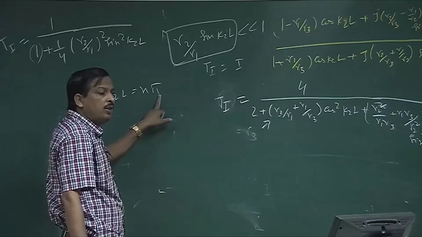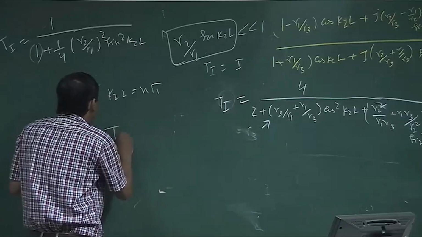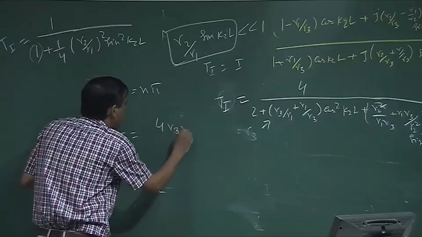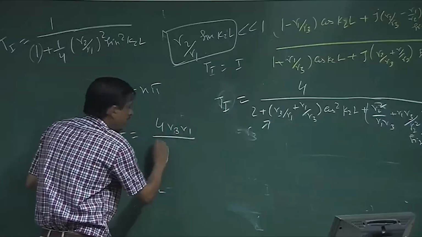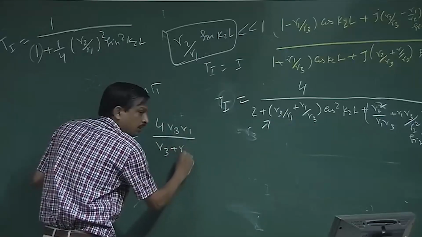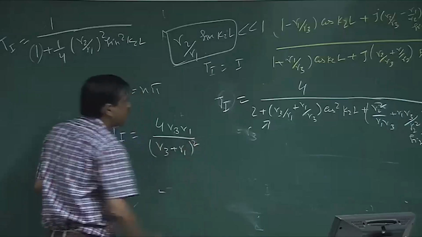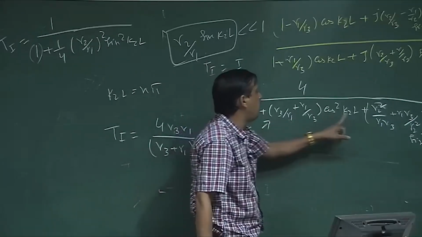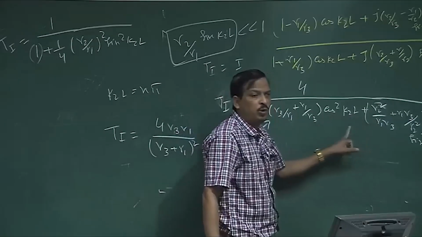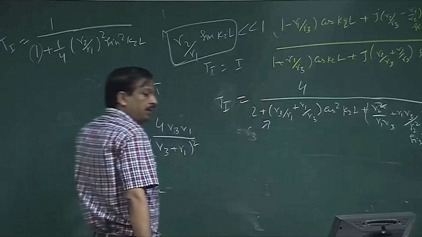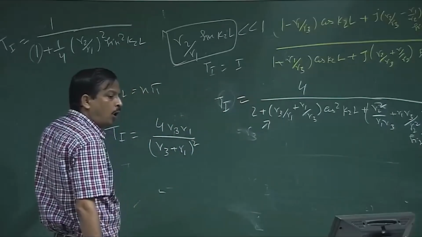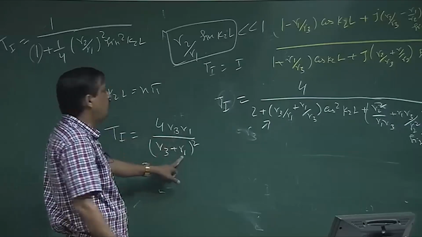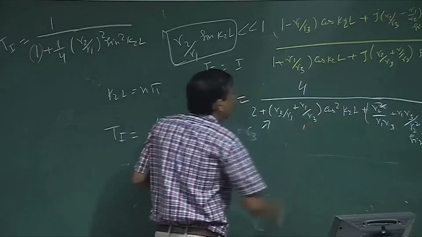Then Ti will be 4 R3 by R1 divided by R3 plus R1 whole square. I put K2L equal to n pi in this equation, and then I get Ti as 4 R3 into R1 divided by R3 plus R1 whole square, because this term will be 0.